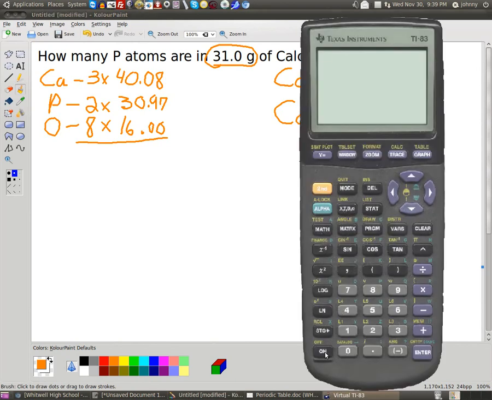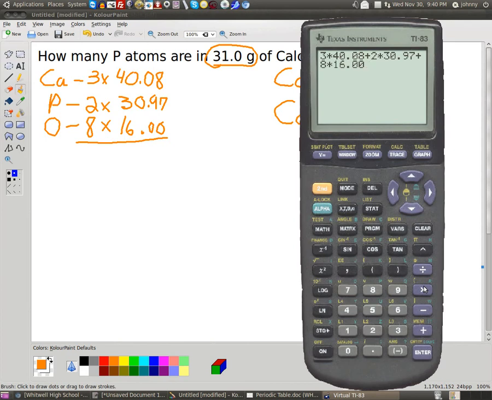Now we will punch this into a calculator. I've got my virtual TI-83, and I'm going to do the math and write the molar mass down here. I have 3 times 40.08 plus 2 times 30.97 plus 8 times 16.00.